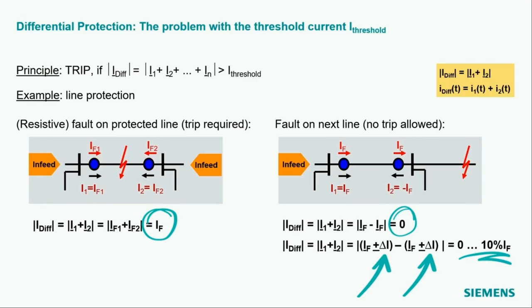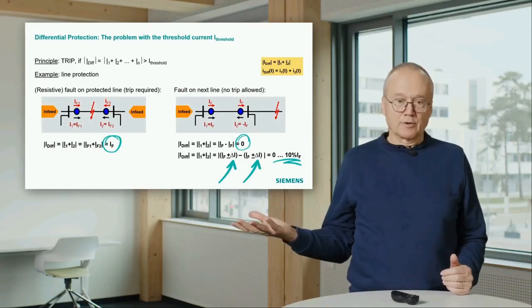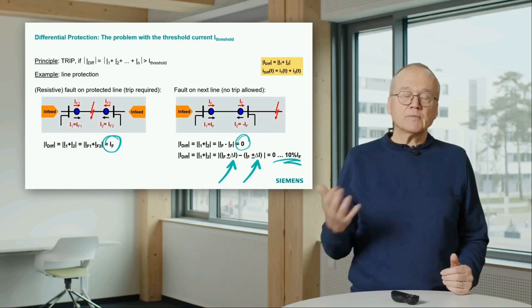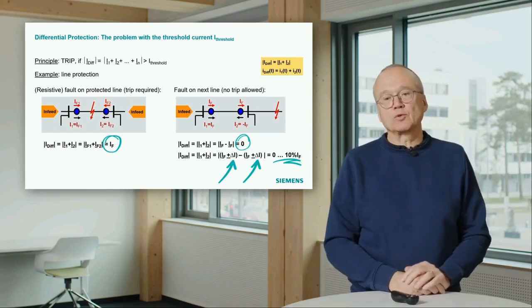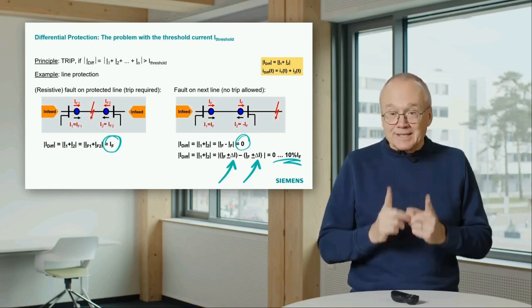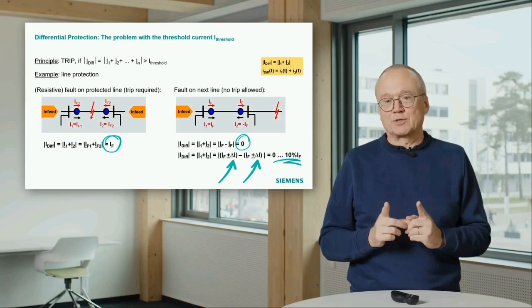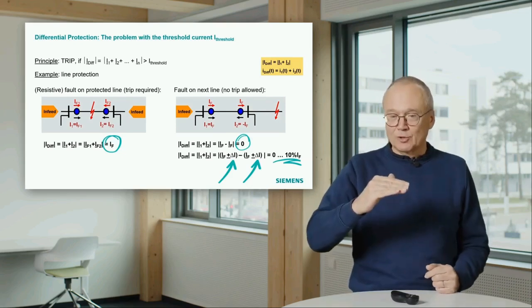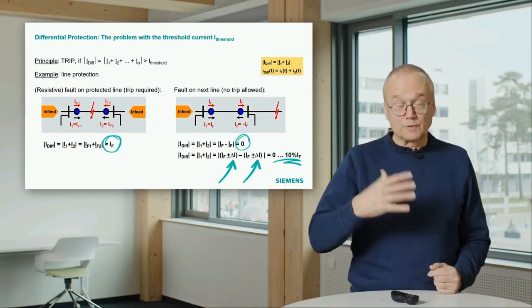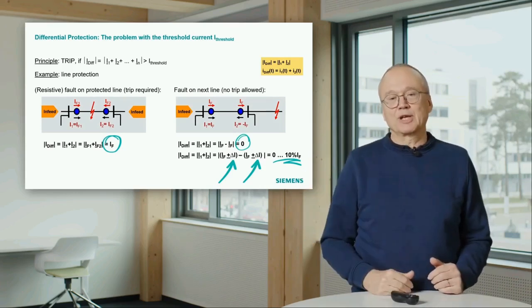And now imagine if we have, for instance, a fault current of 10 kiloamps flowing through the cable, and 10% of 10 kiloamps would be 1000 amps. That means we would, in this case, see a differential current of 1000 amps. That means our threshold value we use for the differential principle must be higher than 1000 amps.